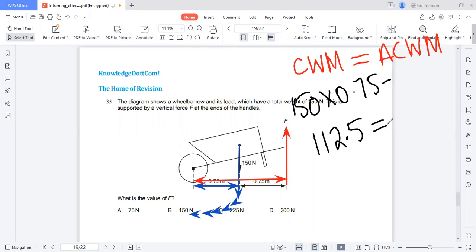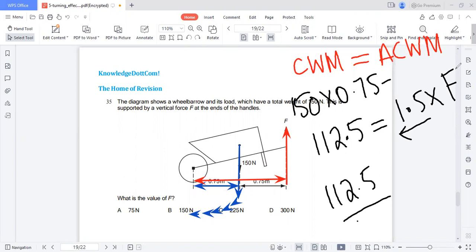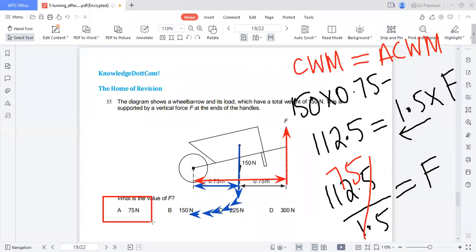The anti-clockwise moment has a total distance of 1.5 and force F. So let's move it to the other side: 112.5 divided by 1.5 gives F, which is approximately 75. So the correct option looks like A. A is the correct option.